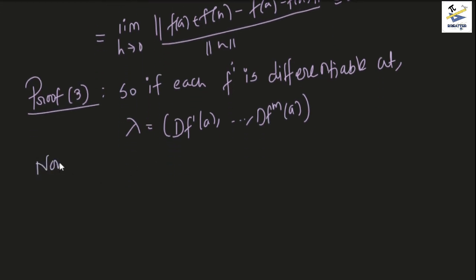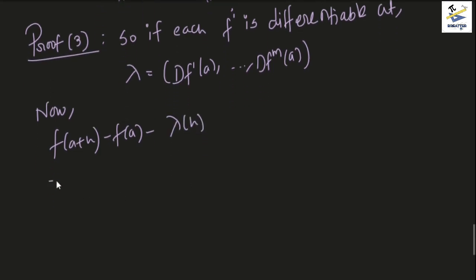Now we can see that f of a plus h minus f of a minus lambda h is basically equal to, now this whole thing can be found out because it's basically a vector and f has component functions.